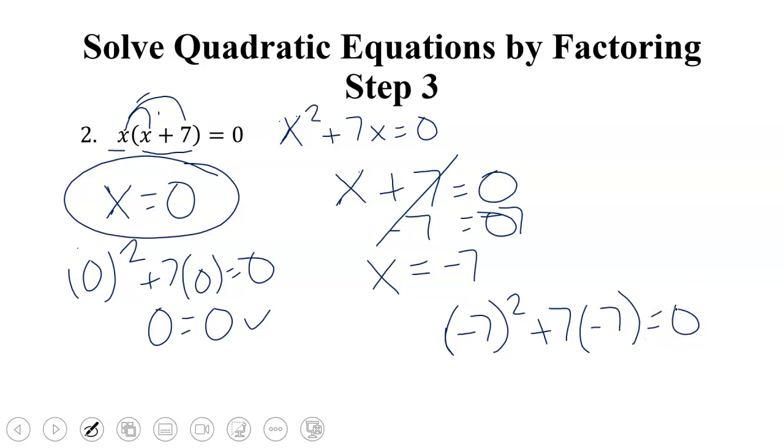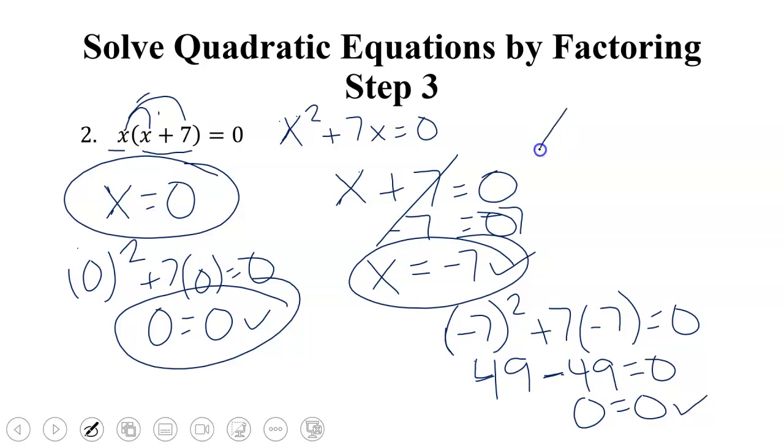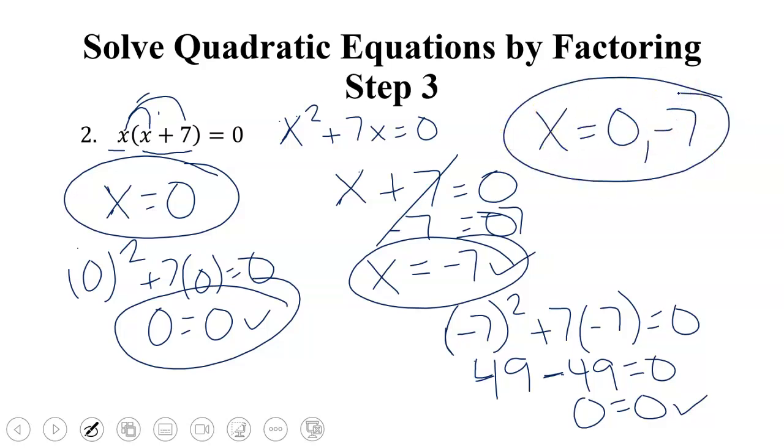So negative 7 squared is positive 49. 7 times negative 7 is negative 49. So that equals 0. 0 equals 0. So 0 and negative 7 are two solutions.